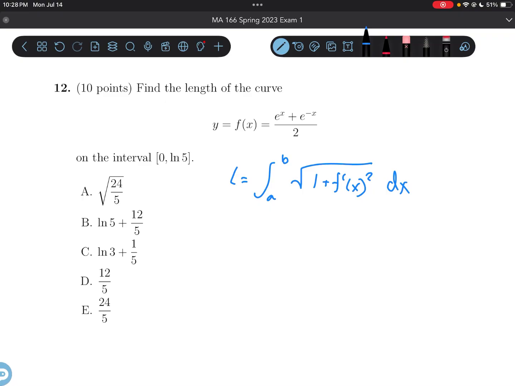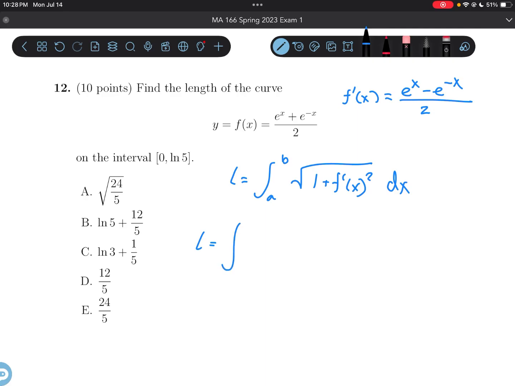First I will use this formula to solve the problem, and then at the end I'll explain where this formula comes from. So first let's find f prime of x. The derivative of e to the power of x is e to the power of x. The derivative of e to the power of negative x is negative e to the power of negative x.